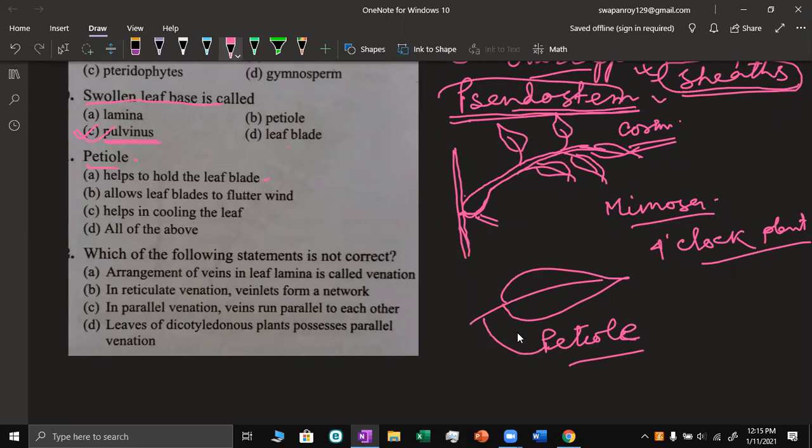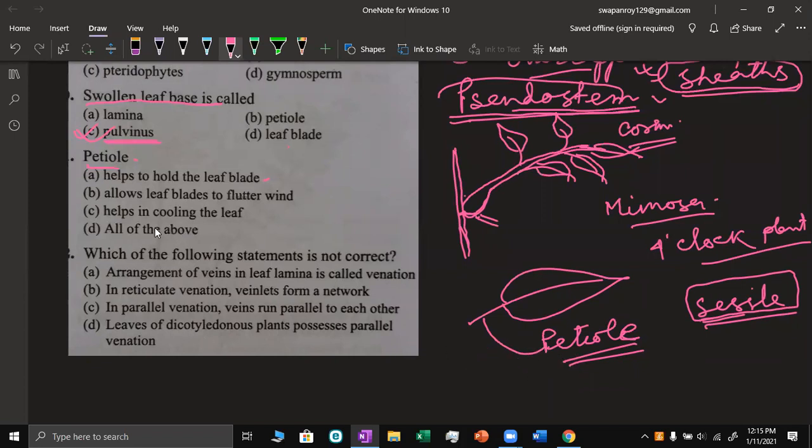It depends on the species and family, the size and length of the petiole is different. In some cases it is absent. When it is absent, the leaf is known as sessile. Sessile leaf bases are found in some members of the family Compositae, and some members of Labiatae also.